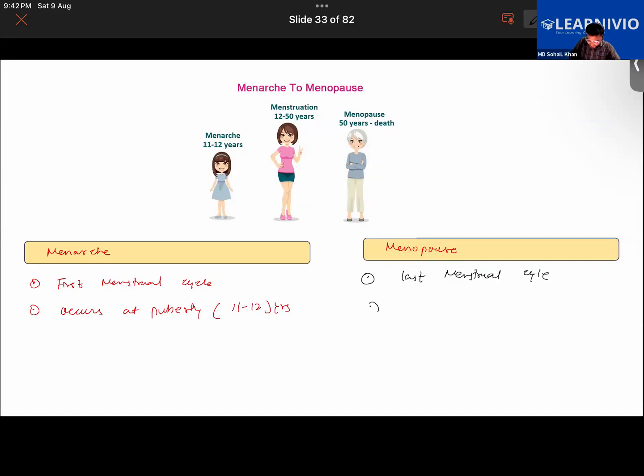And it marks the end of the reproductive life cycle of the woman. Typically it's at the age of around 50 years. At this time the menstruation stops.